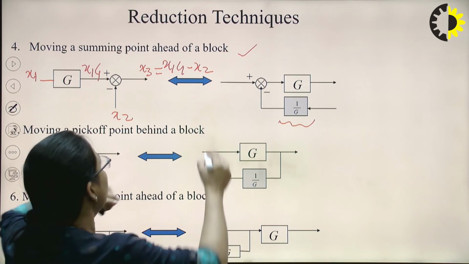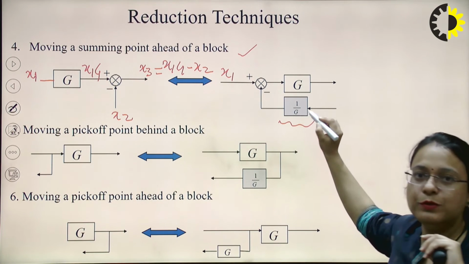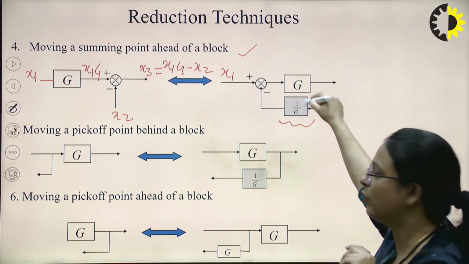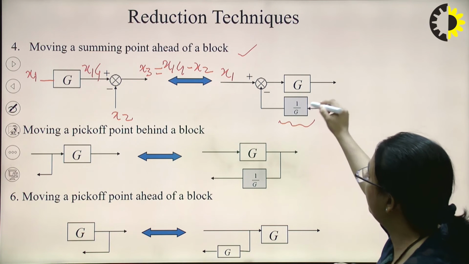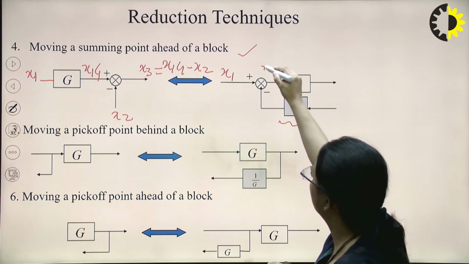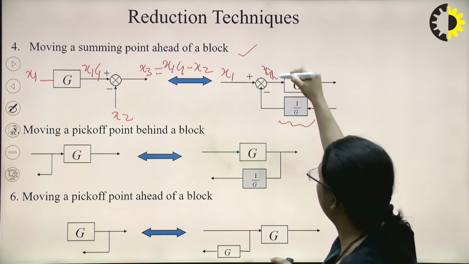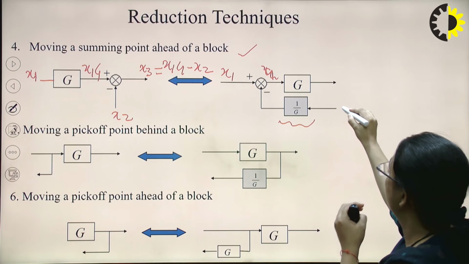Here again, when I have introduced the reciprocal of this transfer function, you can see I get the input as only x1 from here. x1 is coming here, and let this be x2.